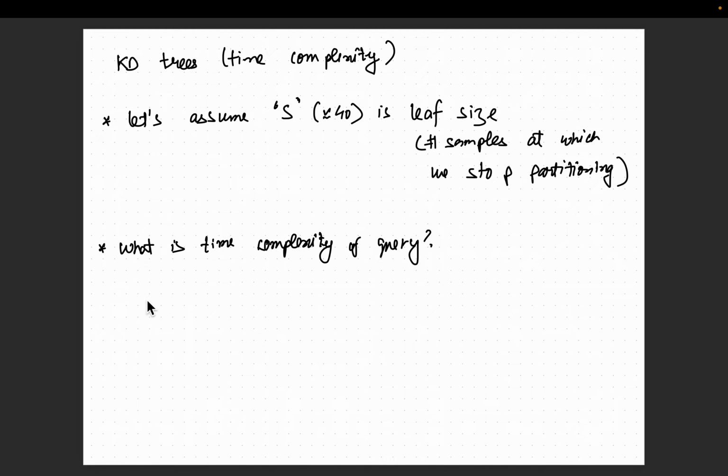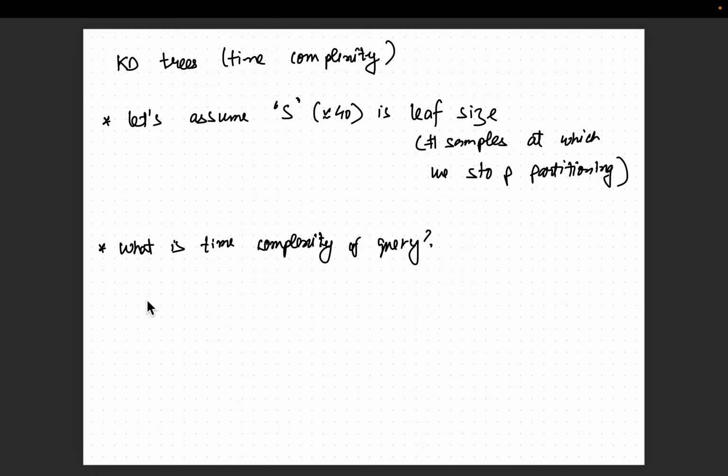So given s points in my leaf node, what is the time complexity of querying? How many think it is S into D?